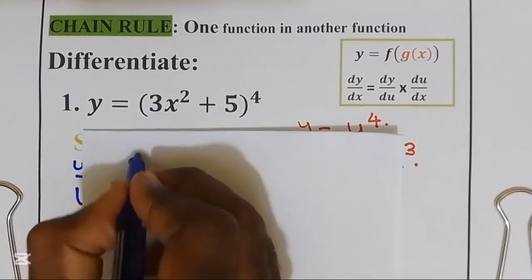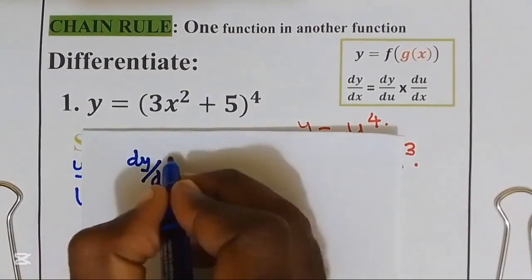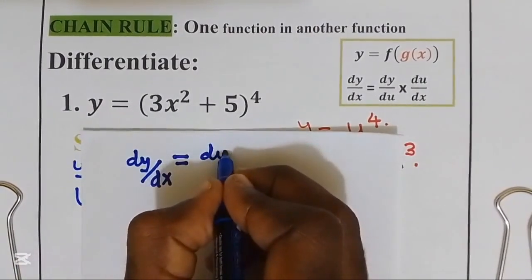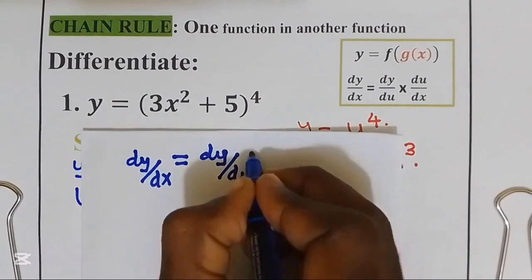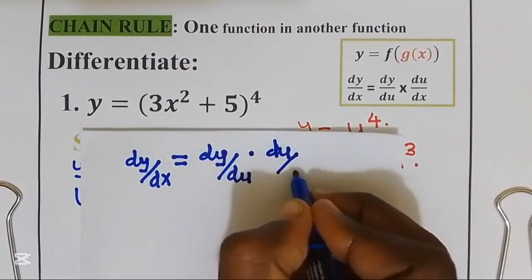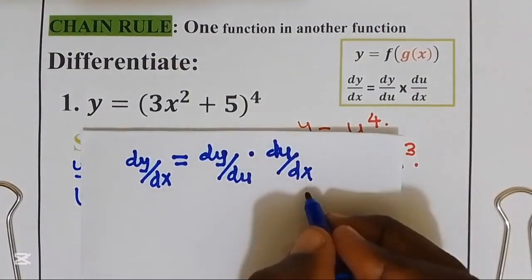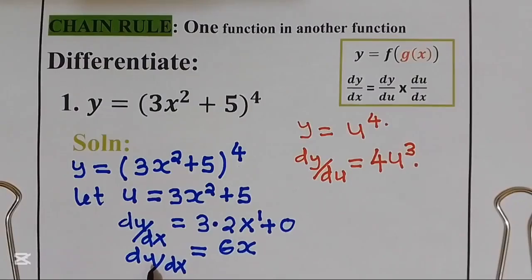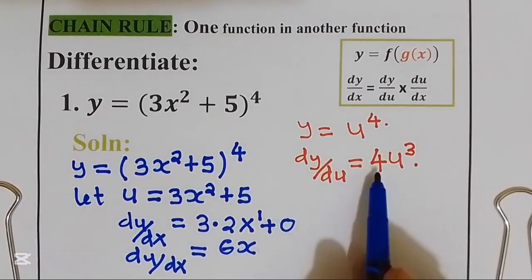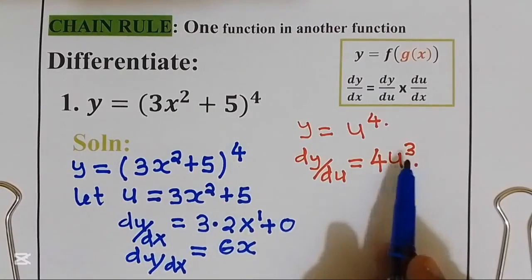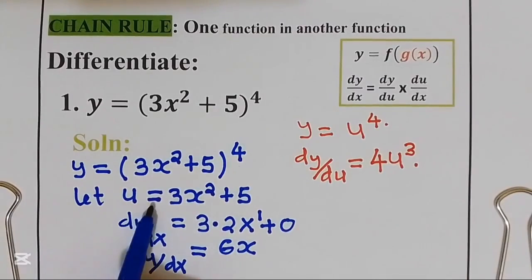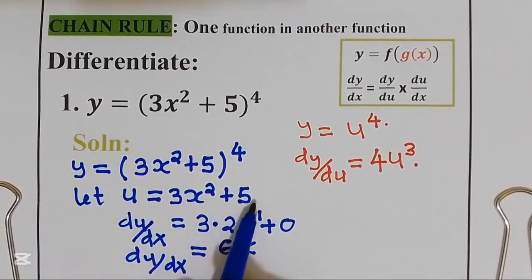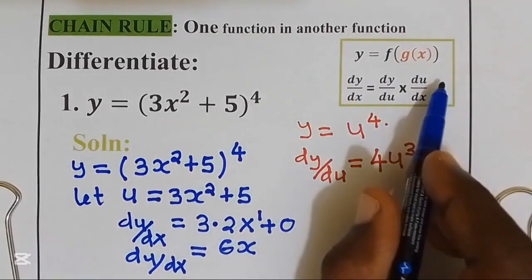But dy over dx is given by dy over du times du over dx. This is by chain rule. Already, we have du over dx is equal to 6x, dy over du is equal to 4u cubed, and u is equal to 3x squared plus 5.